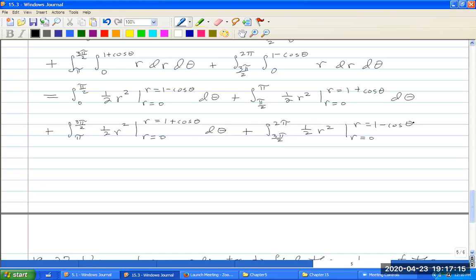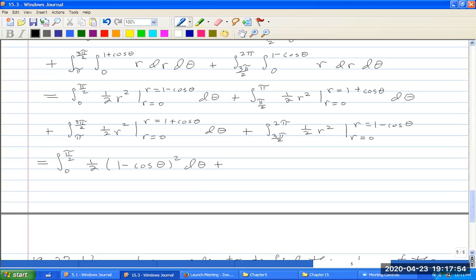Okay, so this is equal to the integral 0 to pi over 2 of 1/2 times 1 minus cosine theta squared, minus, plug in 0, you get 0, d theta.